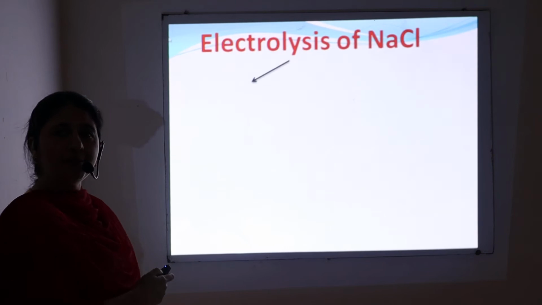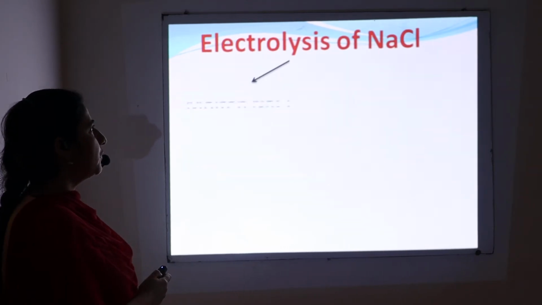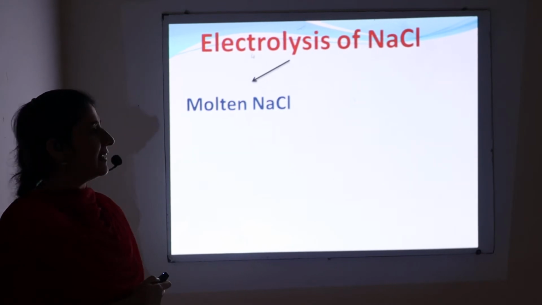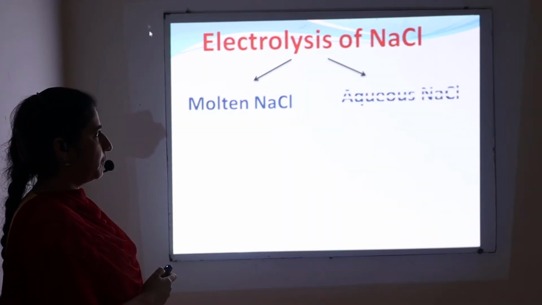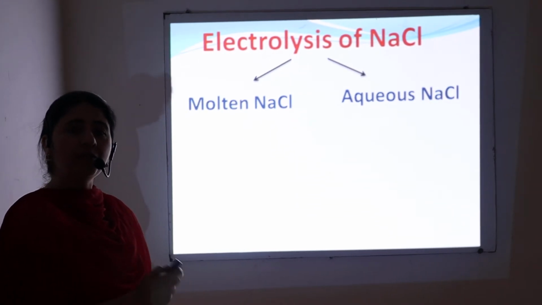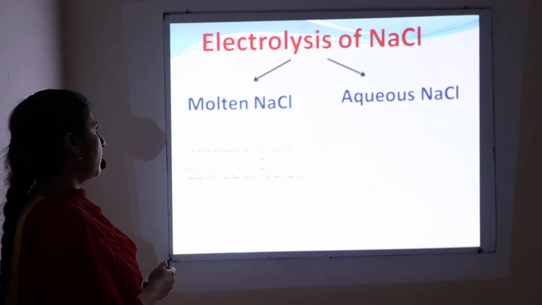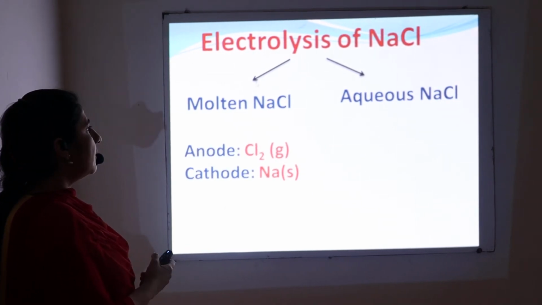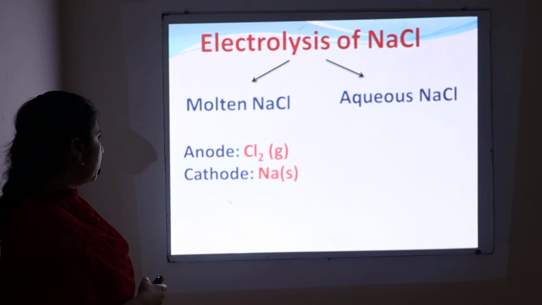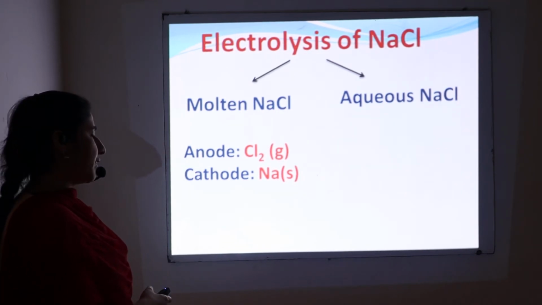We have two types of electrolysis of sodium chloride. In the first case we use molten sodium chloride and second is aqueous sodium chloride. The main difference between these two: in molten sodium chloride, chlorine gas is produced at anode, whereas sodium metal is produced at cathode.